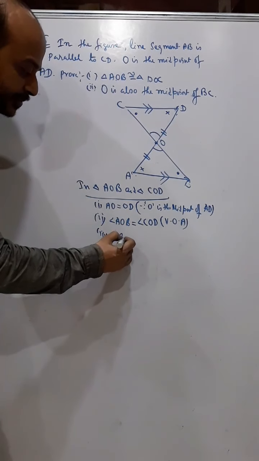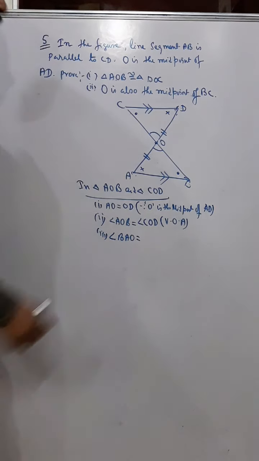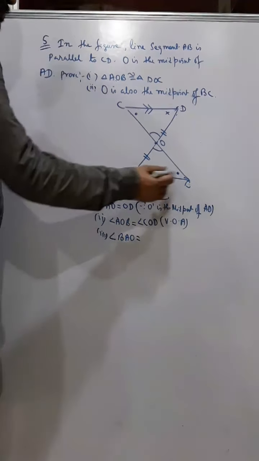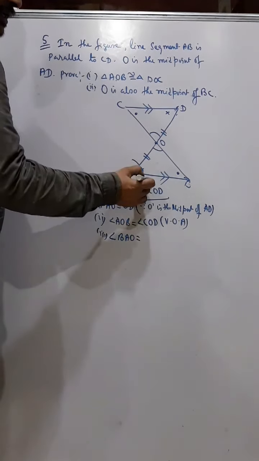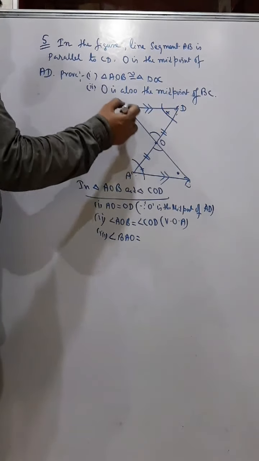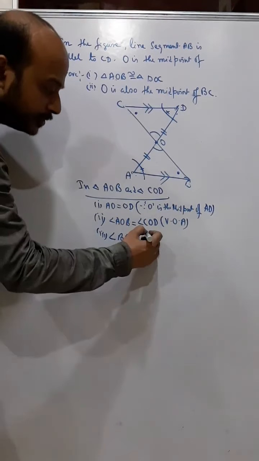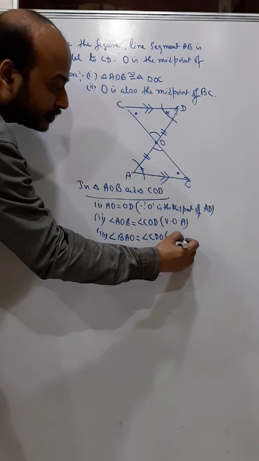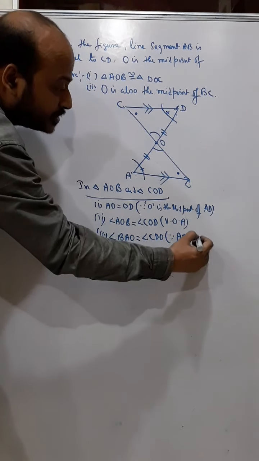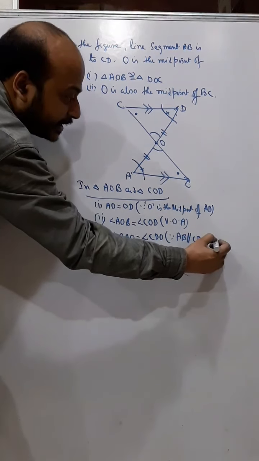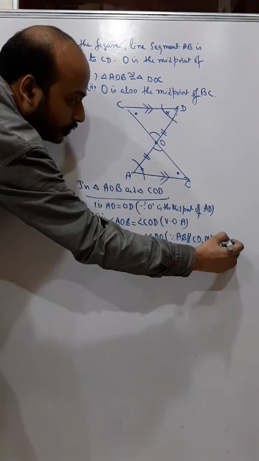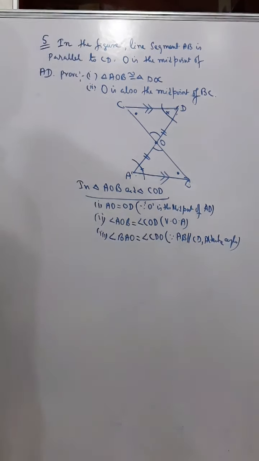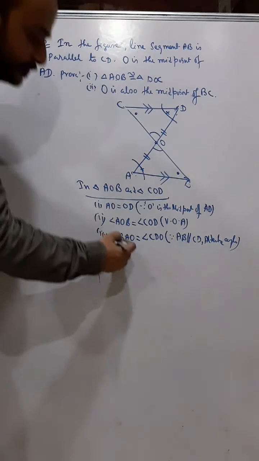So that means BAO, this angle, is equal to this angle, so we will write angle CDO. Reason: since AB is parallel to CD, alternate angles. Okay, so hence proved.